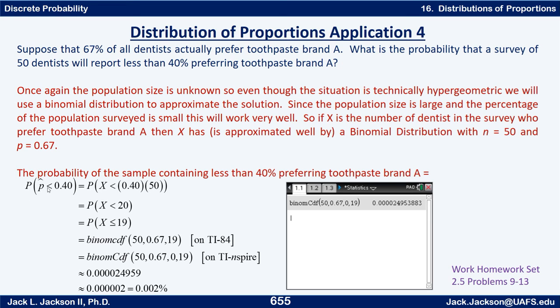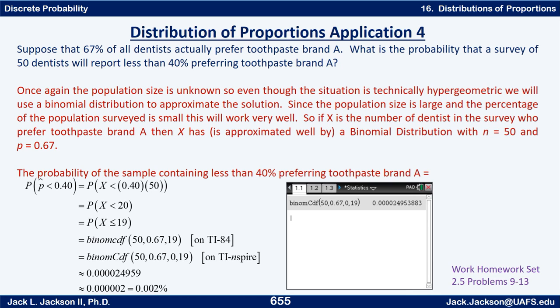So finding the probability that p-hat is less than 0.4 is the same as the probability of the corresponding X being less than 20. Well, less than 20 means less than or equal to 19 in this case, because there's nothing between 19 and 20 that has a non-zero probability in this particular type of distribution.